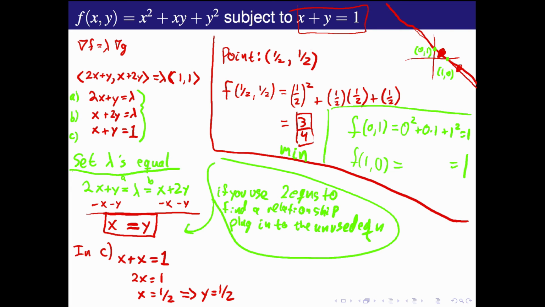If you wanted to get something lower, the function would have to turn back downward, but then that would mean you would have a local maximum, and we didn't find such a thing. So 3/4 here is the minimum value for this function, and the values keep going up as you travel to other points along the curve. So that's the end of this first problem. There is no maximum for this function.